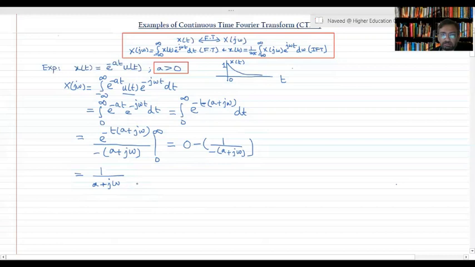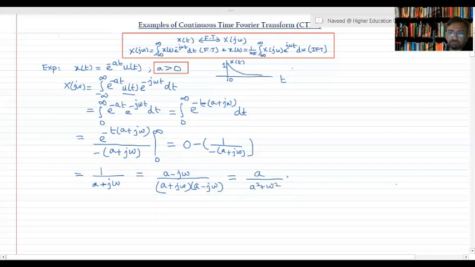Yeah, but let's not just stop here. Let us see a few other things from this example. So what we do, I multiply and divide the numerator and denominator with a minus j omega. So we get a divided by a square plus omega square, plus j times minus omega divided by a square plus omega square.